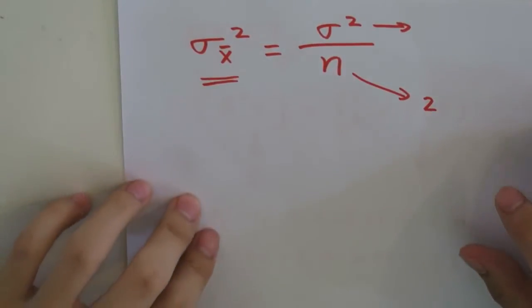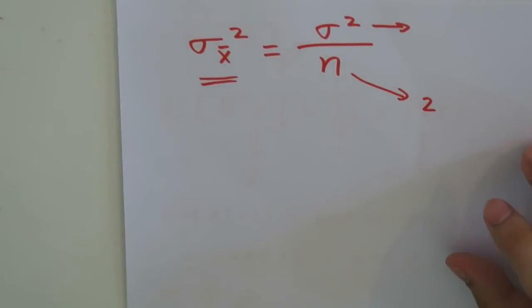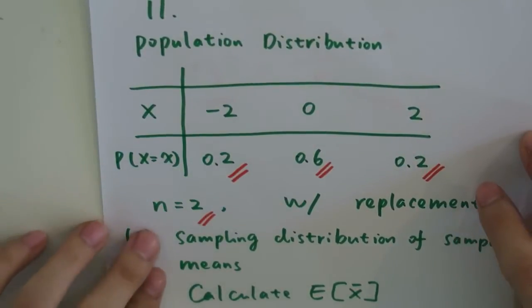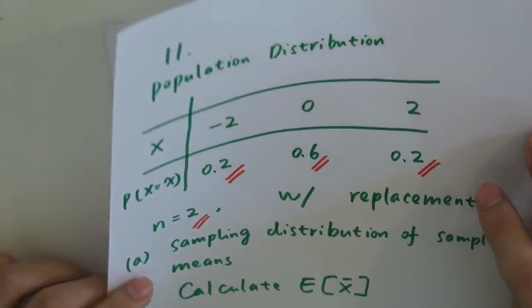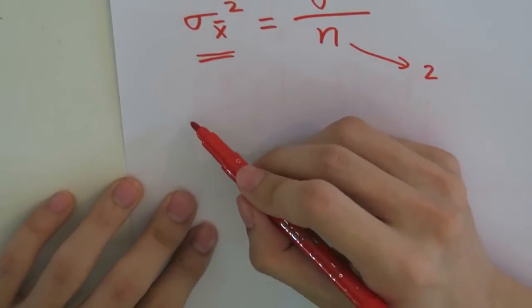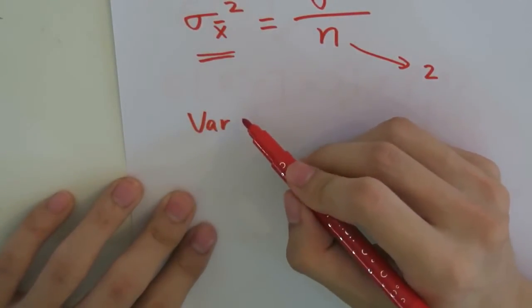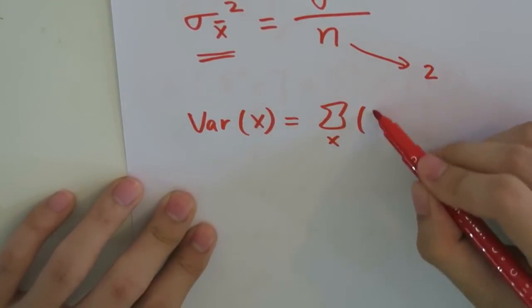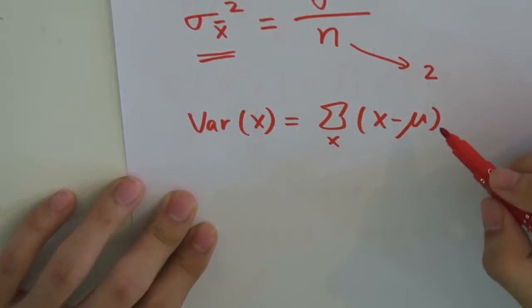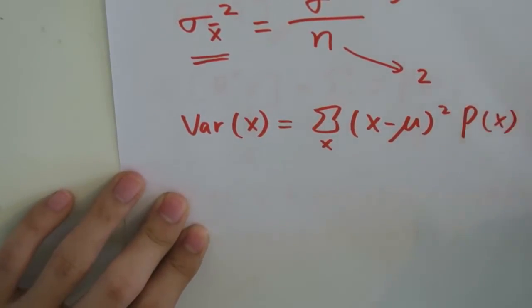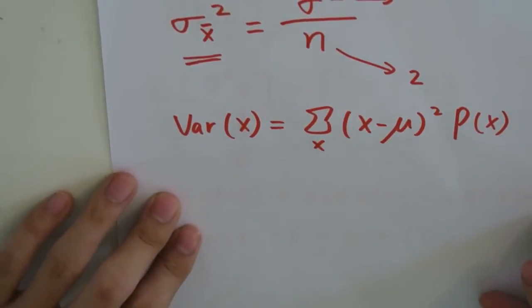Okay, so we go back to the table in the question. This is a population distribution. So now we want to calculate the variance of this distribution. If you recall, we have this formula. The variance is equal to x minus mu, squared, multiplied by the probability of x.